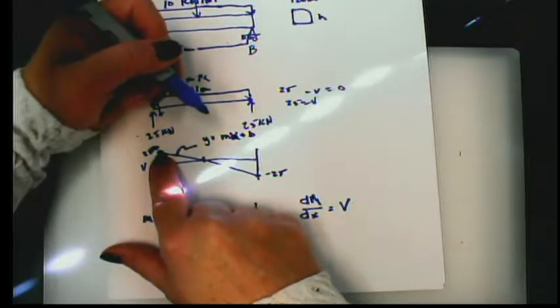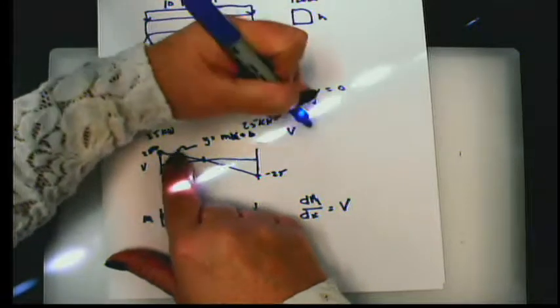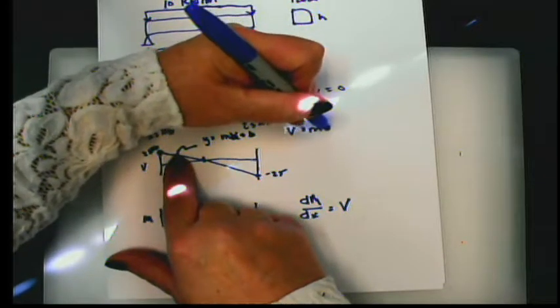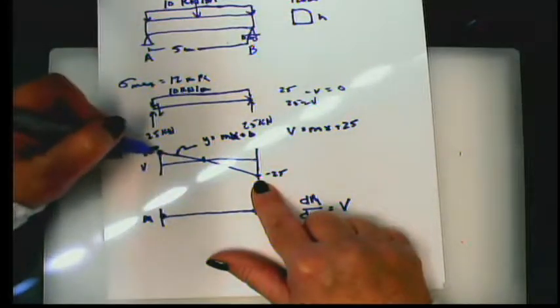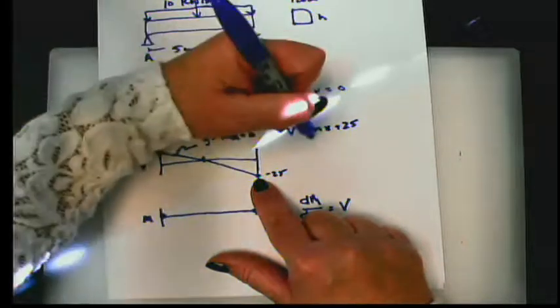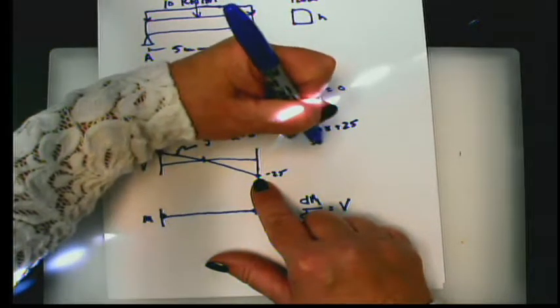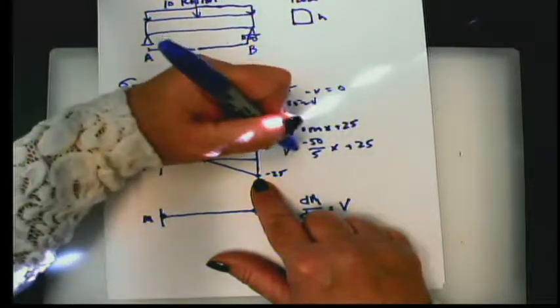If we consider this to be our y-intercept, we can say y, which is V, is equal to the slope times x plus 25. The slope is negative. We go from 25 to negative 25, which is a change of 50. Delta y is 50 over a delta x of 5 meters.